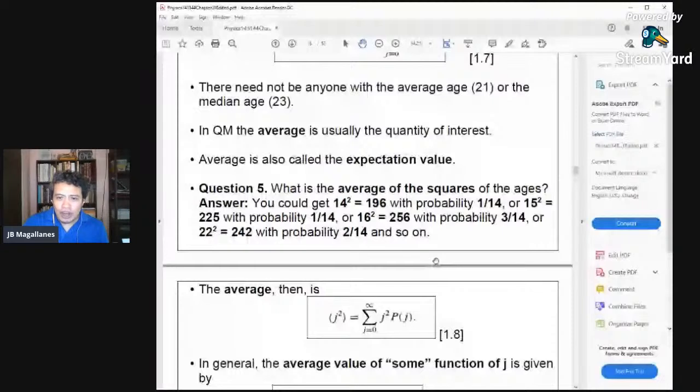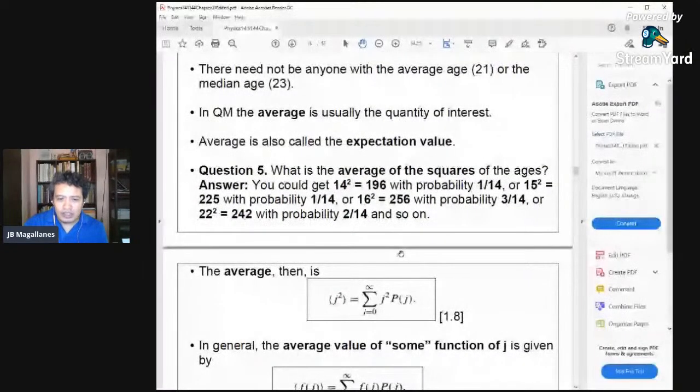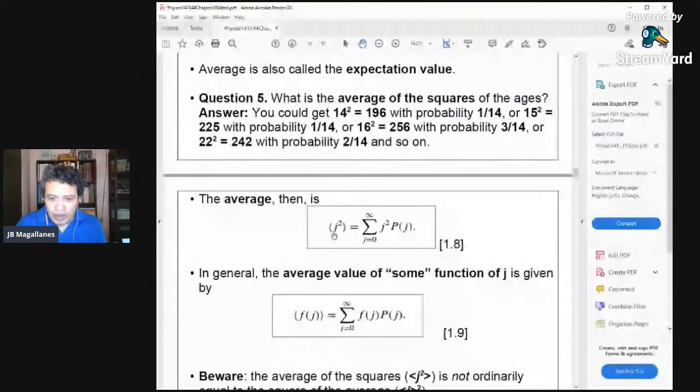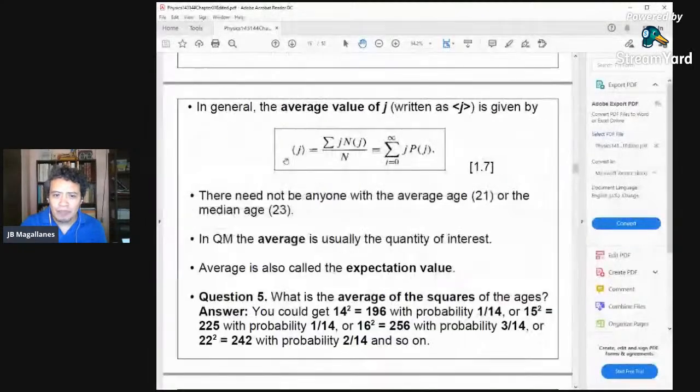The average of the squares of the ages can be generalized by this equation. Here the average of j squared is just the summation of j squared times Pj, where j starts from 0 to infinity. Just like here, the average of j is just the summation of j times Pj.